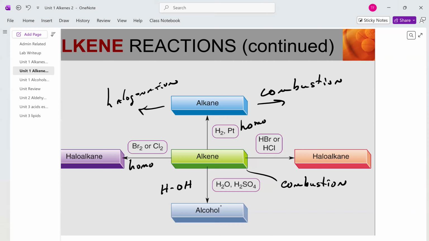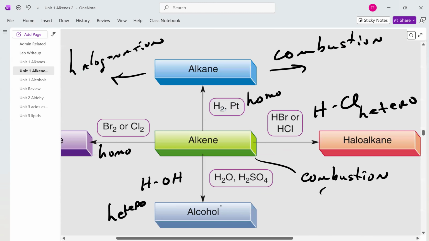Water is a hetero because these are unlike. Same with HCl. So those are hetero again. Now, combustion is not an addition reaction. It is an oxidation reaction.